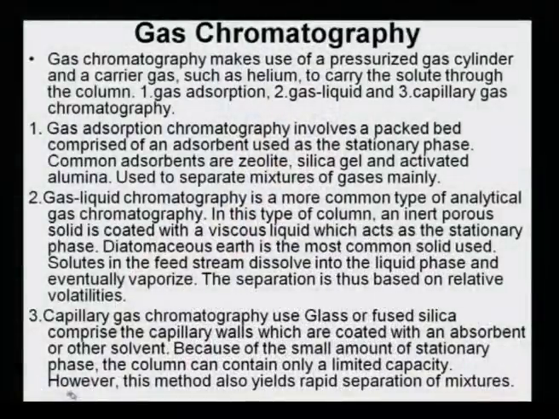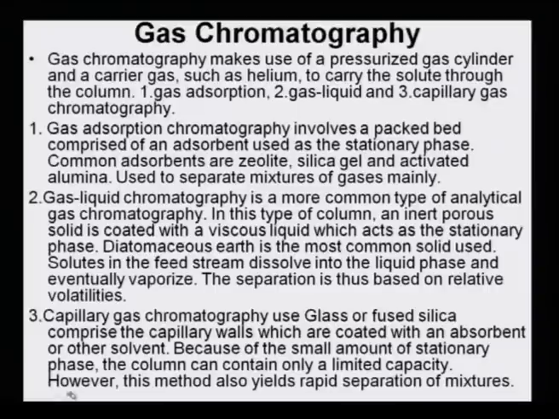One is gas adsorption, one is gas liquid adsorption, and the third one is capillary gas chromatography. Gas adsorption chromatography involves a packed bed comprised of adsorbent used as a stationary phase.